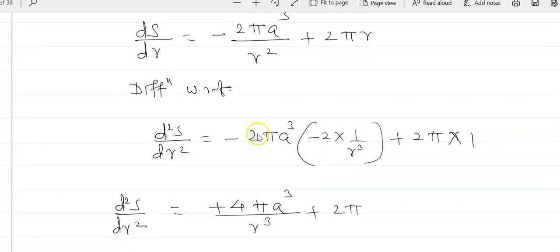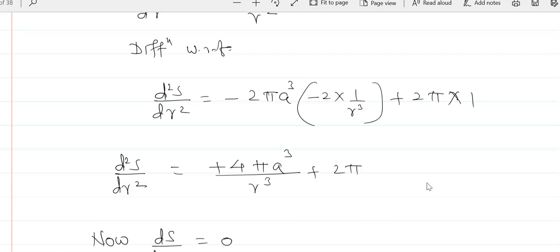Now differentiate again with respect to r. You will get 2πa³ into the derivative of 1/r², that is −2 into 1/r³, plus 2π, and the derivative of r is 1. Therefore d²S/dr² is equal to 4πa³/r³ + 2π. This is the second derivative.